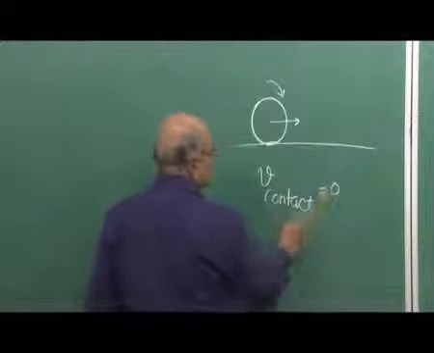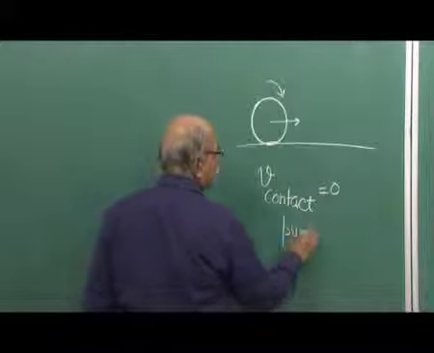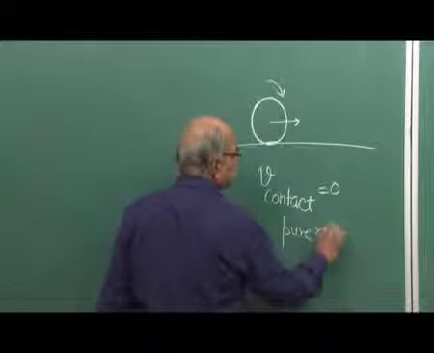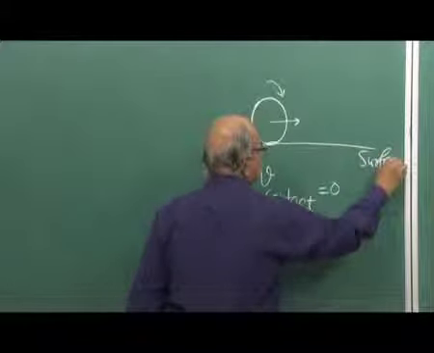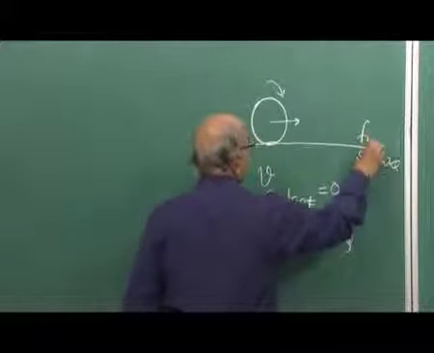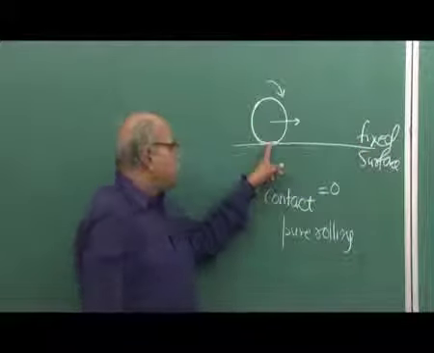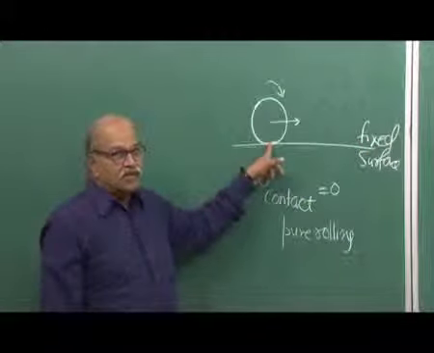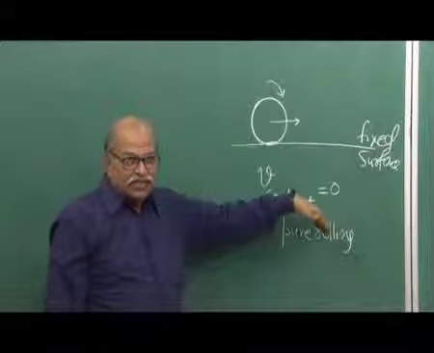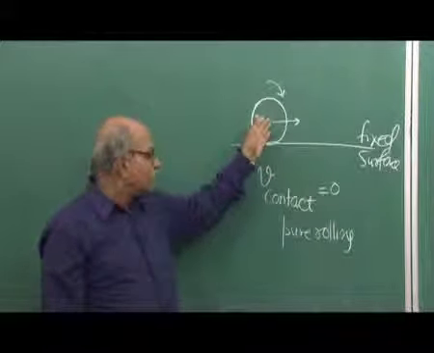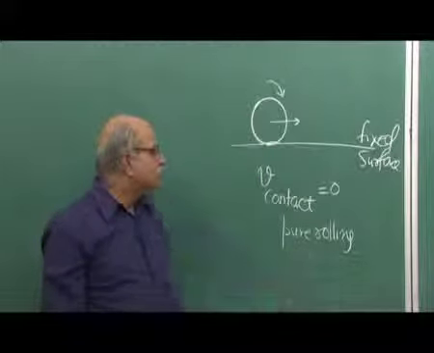That is what happens when it is pure rolling. So this surface is fixed, and if this V, the velocity of the contact point, is not 0, then it will slip, and pure rolling means there is no slipping, and therefore this V contact should be 0.